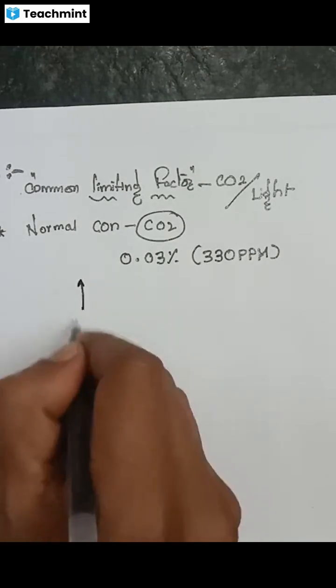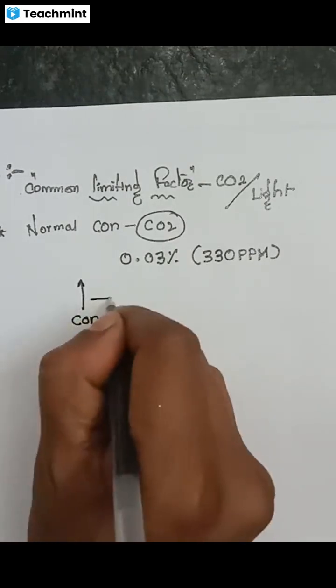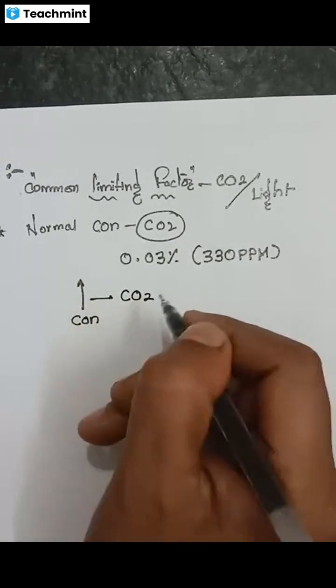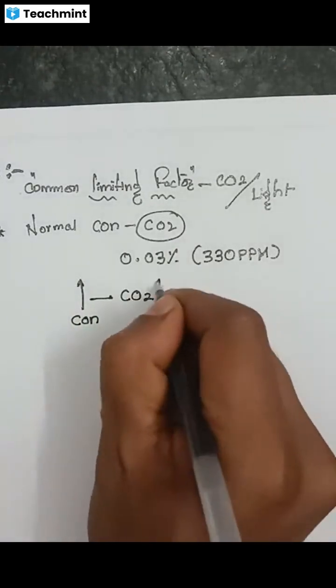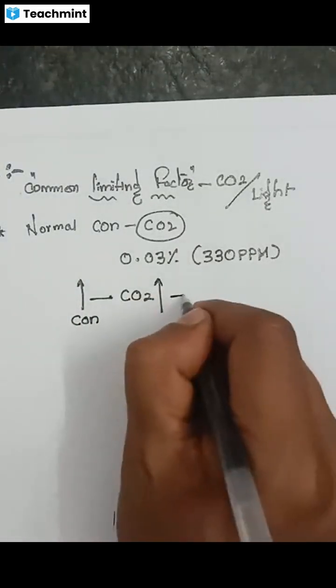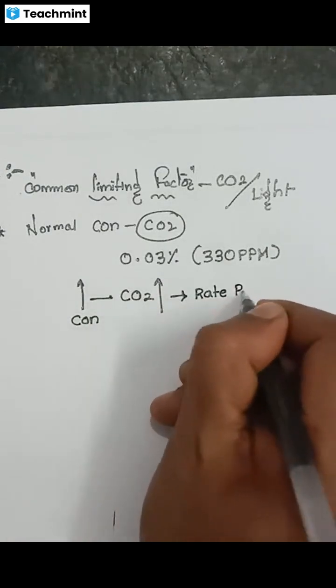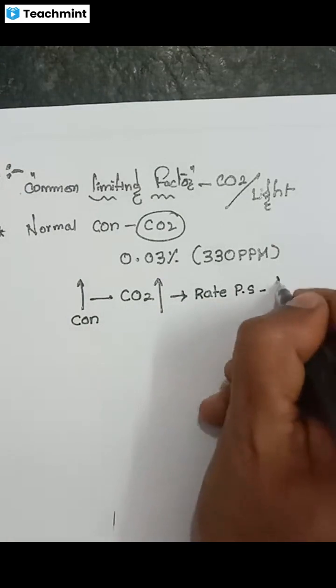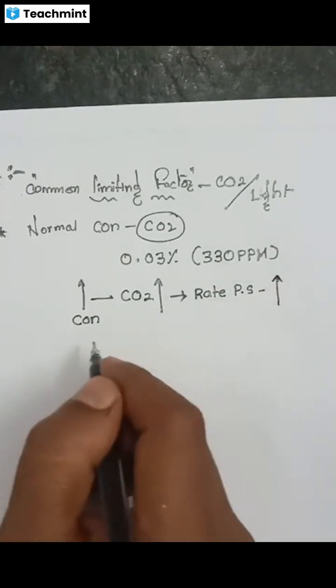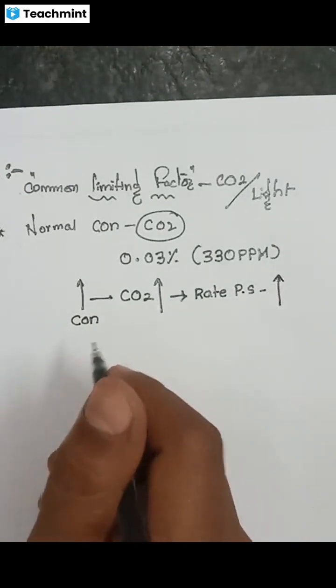When the concentration of carbon dioxide is increased, the rate of photosynthesis is also increased.